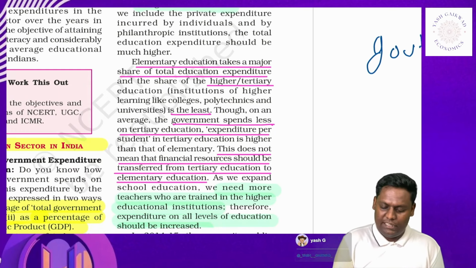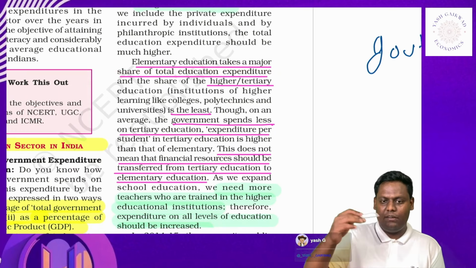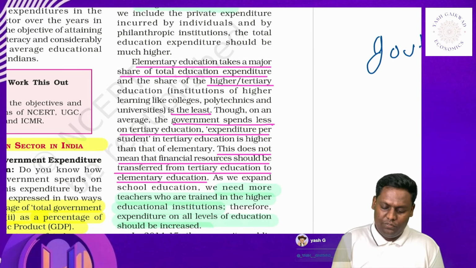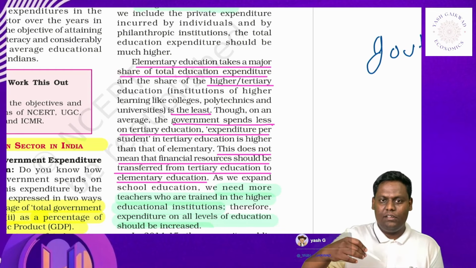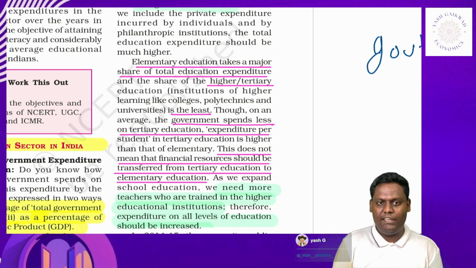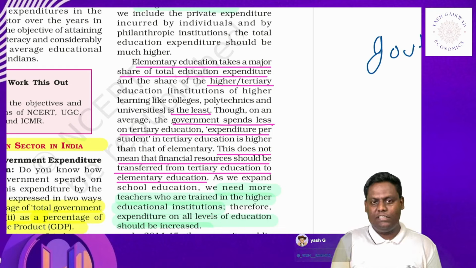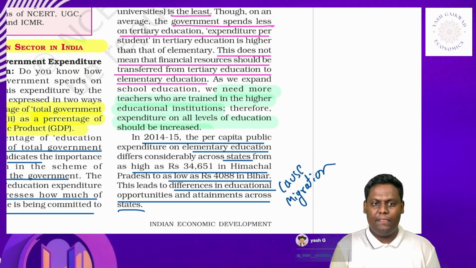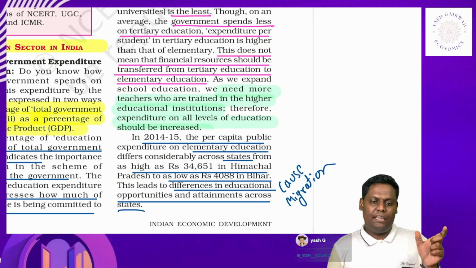Now we have seen that education can be at the primary level, where till class 10th or 12th you are educated, and then there is higher or tertiary learning that happens in colleges and universities. You will find that the government expenditure on elementary education has increased.